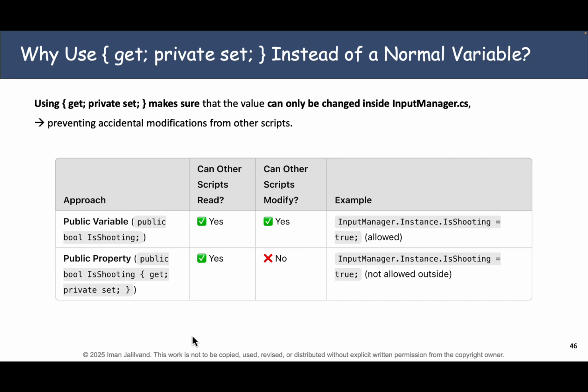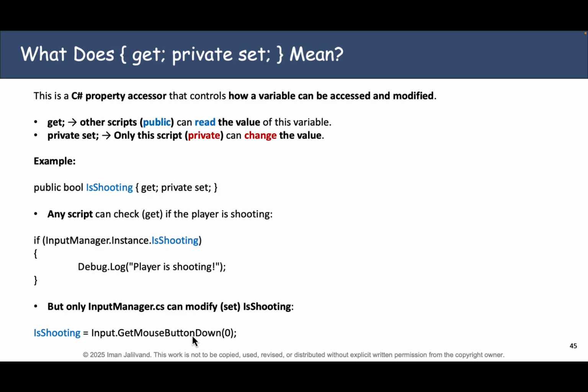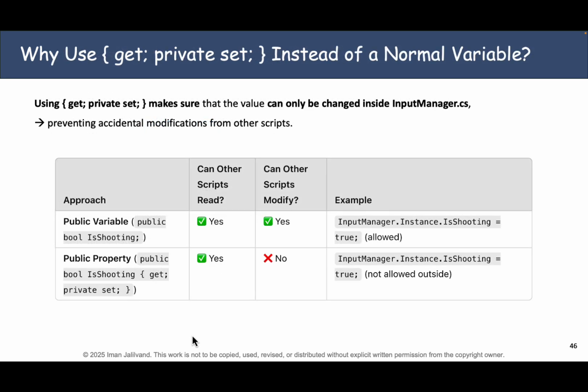Yeah. Does the modifier, like at the beginning it says public, if you change it to private, would that affect that? Yes. So basically, the difference is clarified here for you. The difference between a public variable, the old traditional way that we did it before with public bool isShooting without any accessor, and here, with get; private set, we are modifying that.